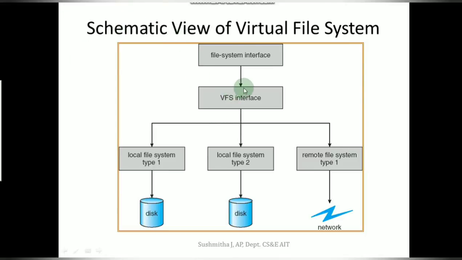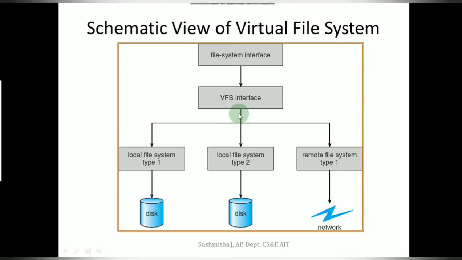So the virtual file system layer serves two important functions. That is, it separates the file system generic operations from their implementation by defining a clean interface, that is the virtual file system interface.